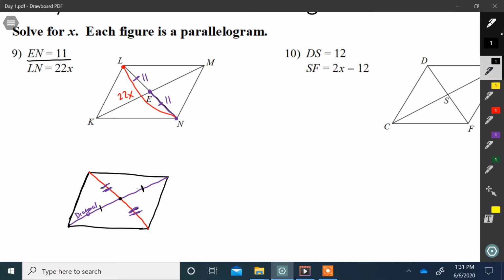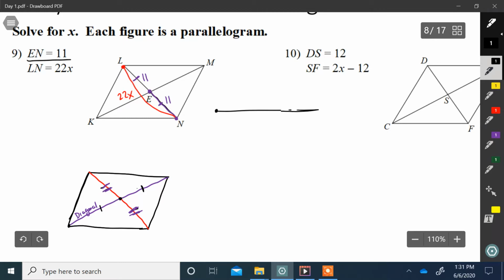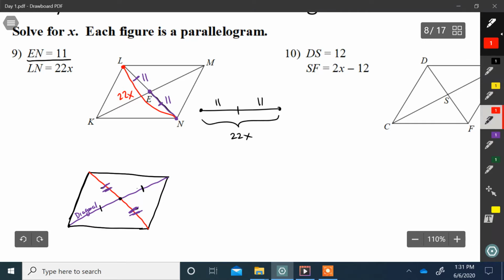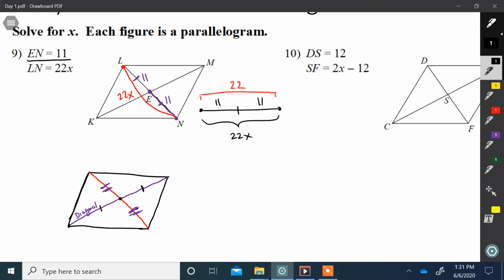Let me actually draw it over here so you can see it a little bit better. This is what's happening. We have 11 and 11, and from here to there is 22x. Well, it makes sense that if those two are 11, then the whole thing is 22, because 11 plus 11 is 22.